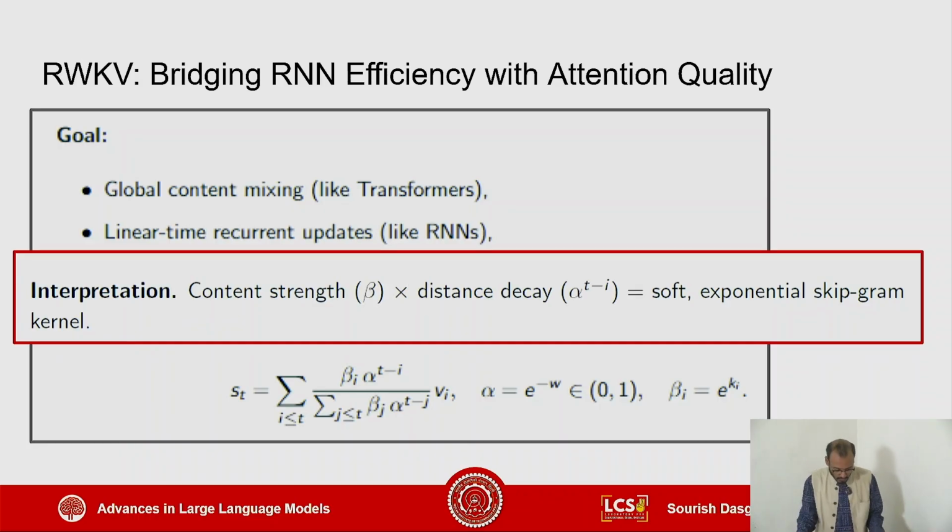Just for now, you just need to understand that beta is basically the content strength, which is how much Vi is going to influence a query, let's say, and alpha is that exponential decay over time across the entire history of whatever happened before that, right?